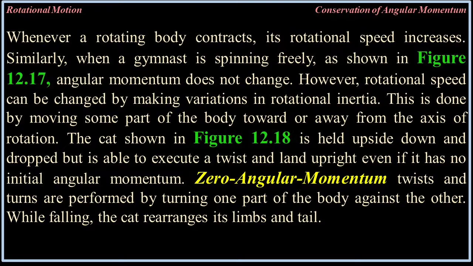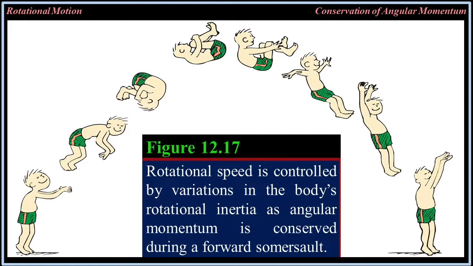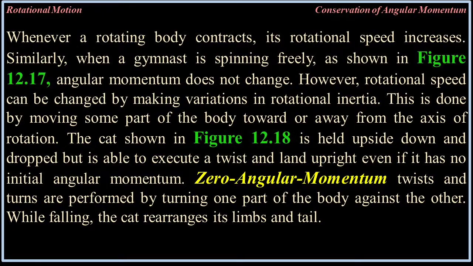Similarly, when a gymnast is spinning freely, as shown in Figure 12.17, angular momentum does not change. However, rotational speed can be changed by making variations in rotational inertia.